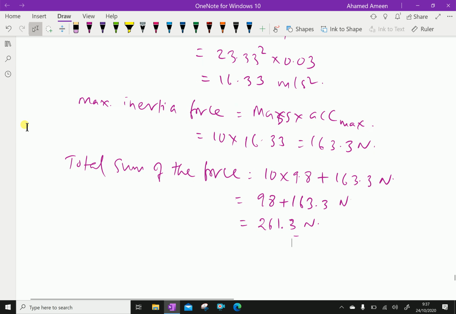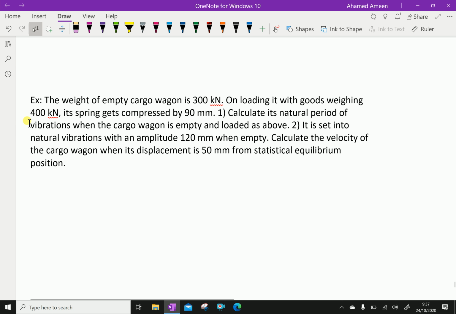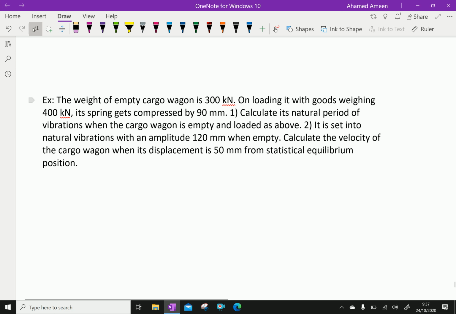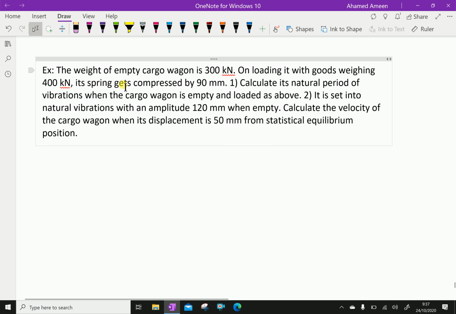Now let us do the next question. The weight of an empty cargo wagon is 300 kilonewton. On loading it with goods weighing 400 kilonewton, its spring gets compressed by 90 mm. Calculate its natural period of vibration when the cargo wagon is empty and loaded as above.